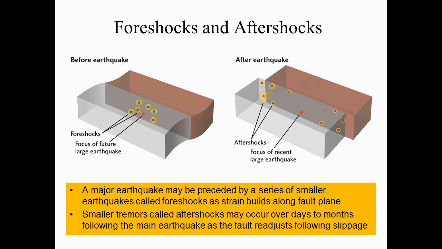Following the main slippage, small tremors called aftershocks may occur over days to months following the main earthquake. These aftershocks mainly reflect the fault as it readjusts following the main slippage event.